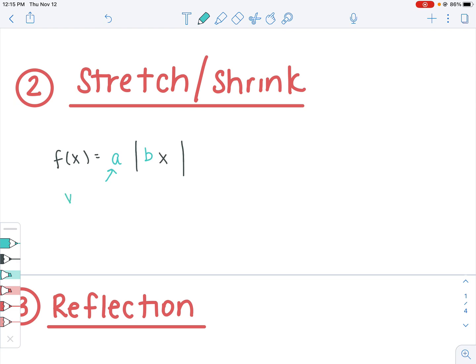So now if it's outside, that's a vertical stretch or shrink, and it's going to be a vertical stretch when you have a whole number. It's a vertical shrink when you have a fraction.